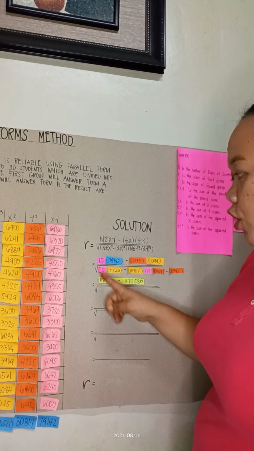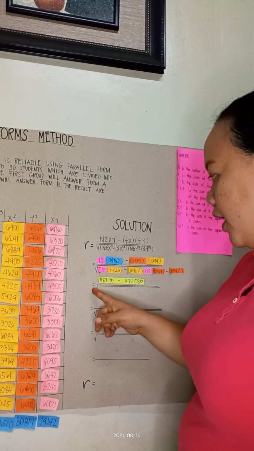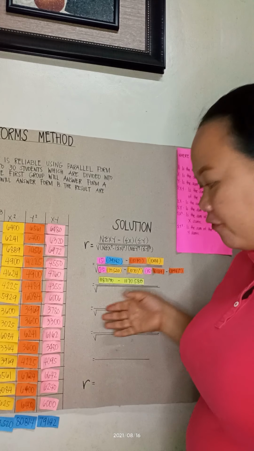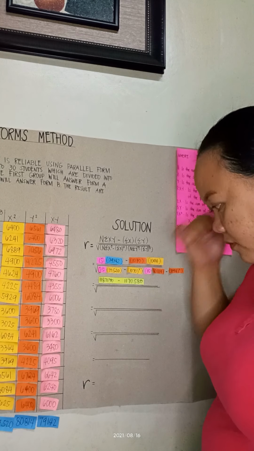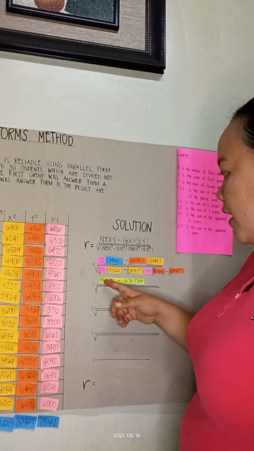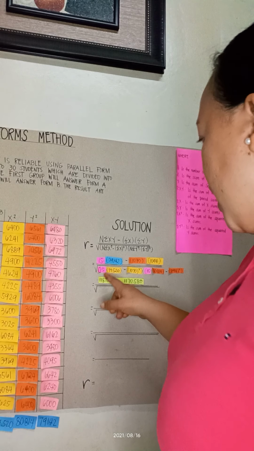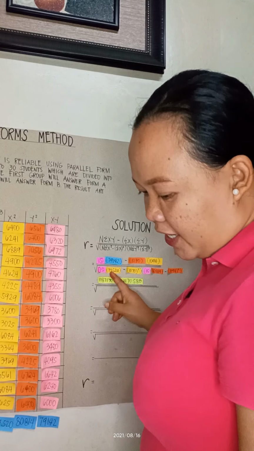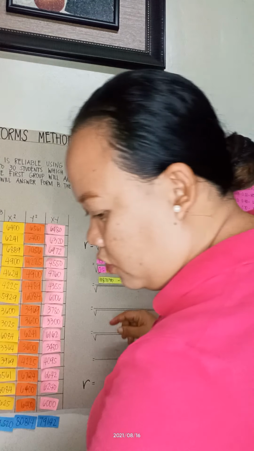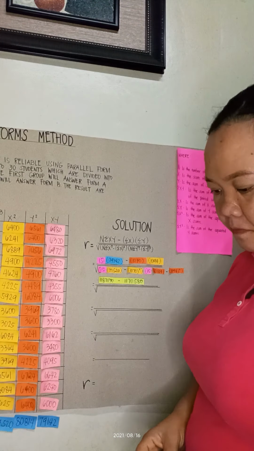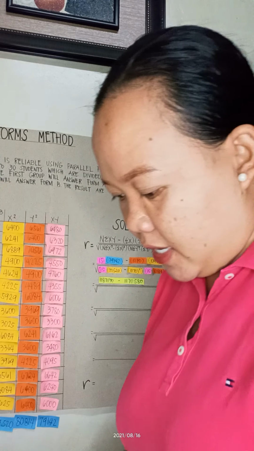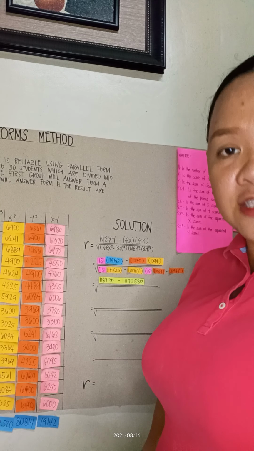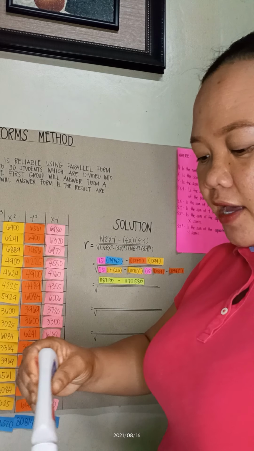Don't forget to put the square root sign, because this is important for the next step. 15 times 77,520 is equal to 1,162,800.